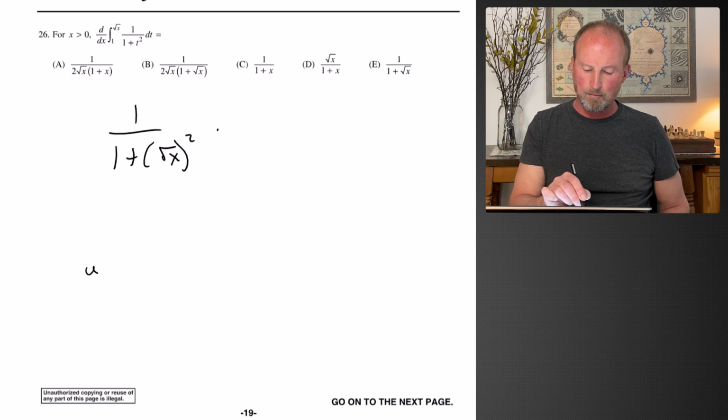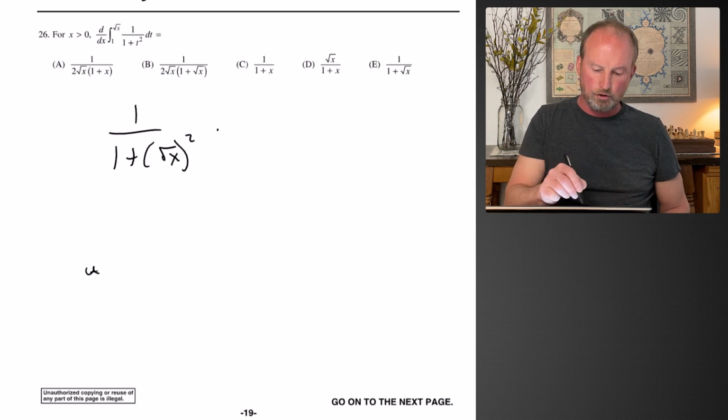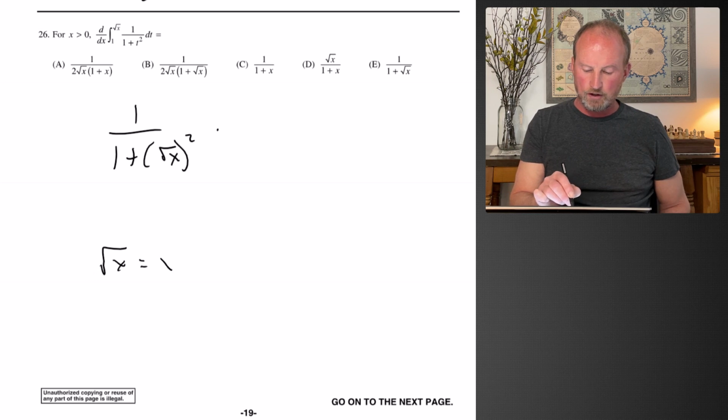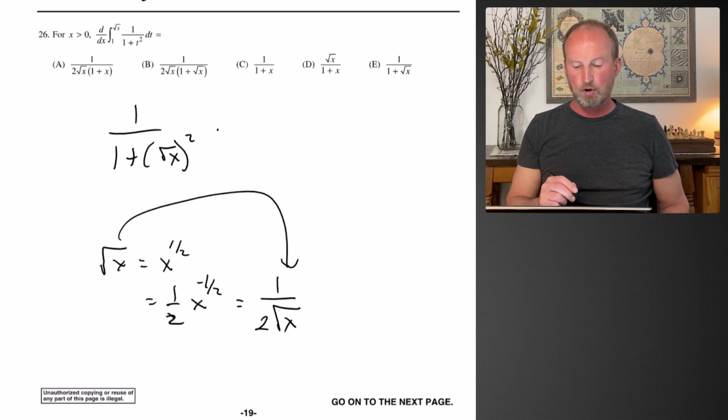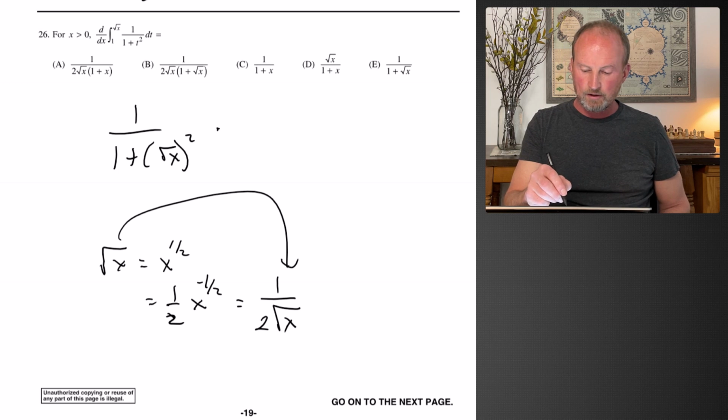This one you should have memorized, but if not, I'll just show it to you real quick. Square root of x is x to the 1/2 power. Using power rule, I get 1/2 x to the negative 1/2, which becomes 1 over 2 square root of x. In my opinion, that is one I would have memorized.